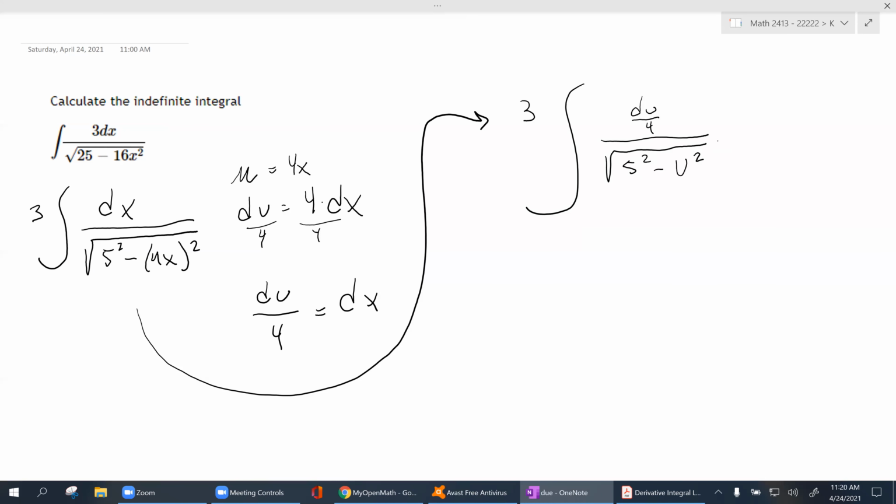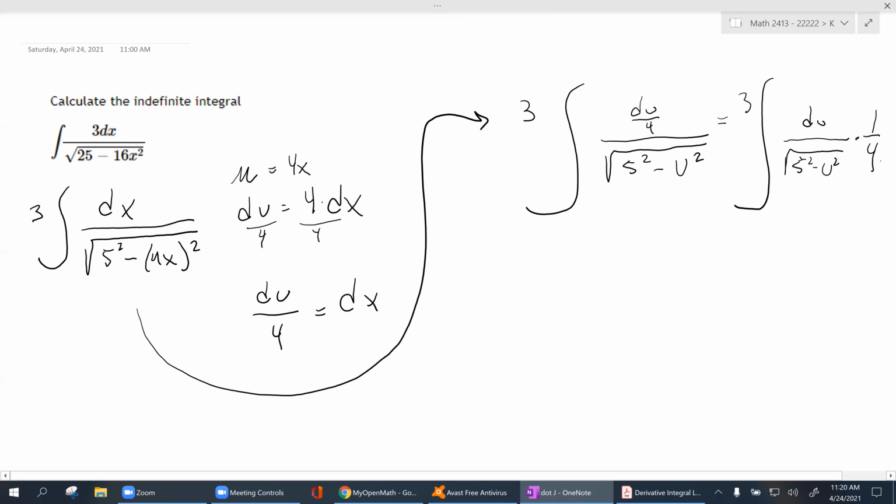Very nice. Okay, what am I going to do next? Let me rewrite this top part. This is just 3 times the integral of du over the square root of 5 squared minus u squared, times 1 over 4.